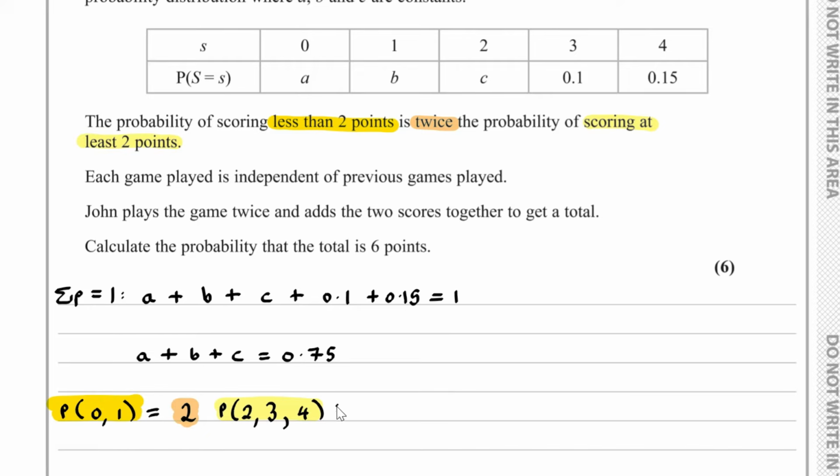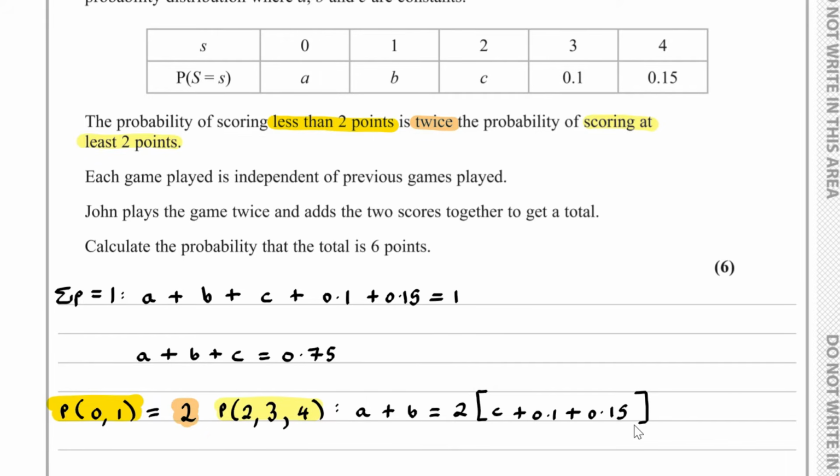So if we use this information, the probability of scoring a 0 or a 1, that will be A plus B. And this is equal to 2 lots of the probability of scoring a 2, which is C, the probability of scoring a 3, which is 0.1, plus the probability of scoring a 4, which is 0.15.